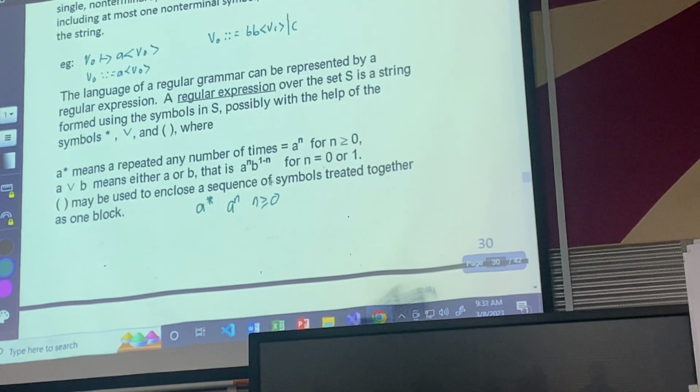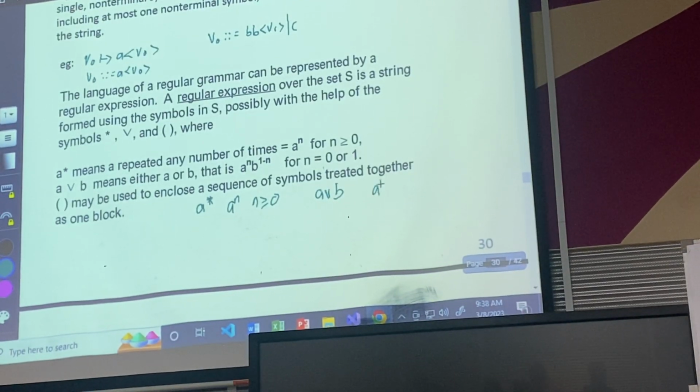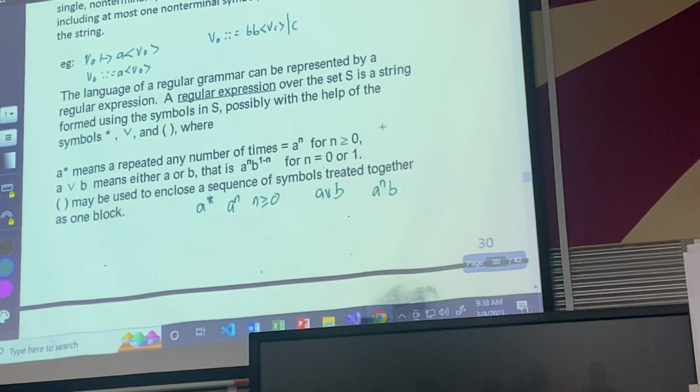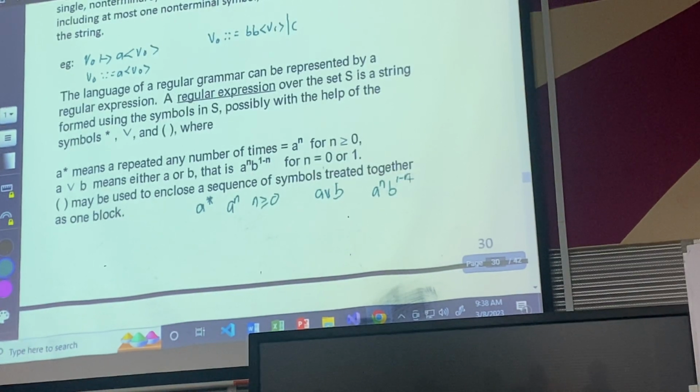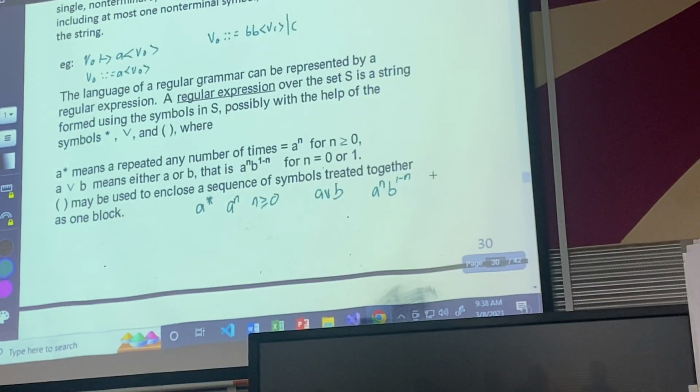And if you want to write A or B, you can put it in the form of A power n, B power 1 minus n. Here, the n can be 0 or 1.